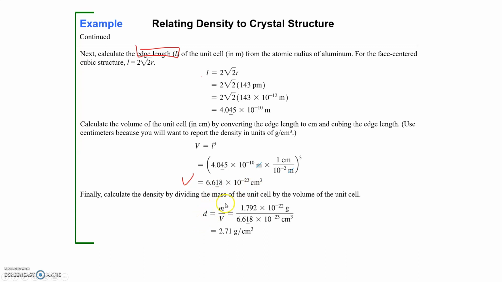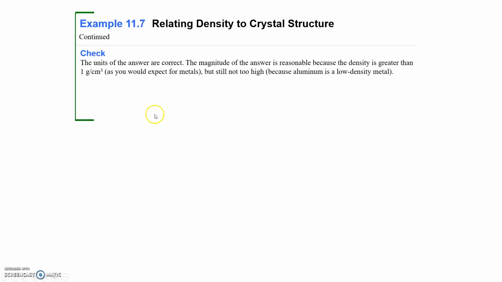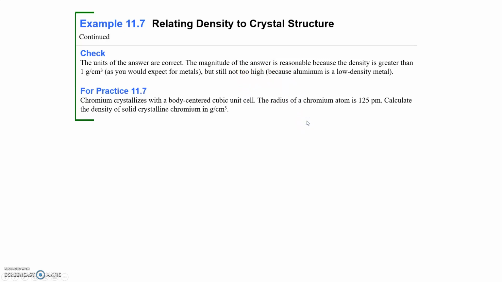Then you divide the mass over the volume and it gives you 2.71 grams per cubic centimeter. Of course, the units are correct, grams per cubic centimeter. The magnitude is reasonable because it's greater than 1, which is what is expected for metals. But it still is not so high because the density of aluminum is very low.